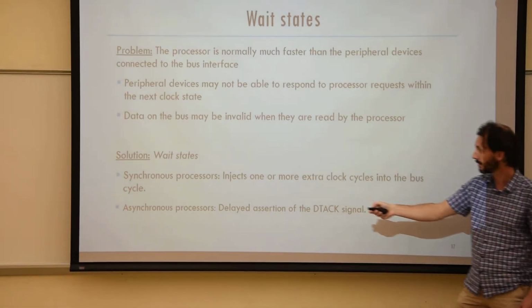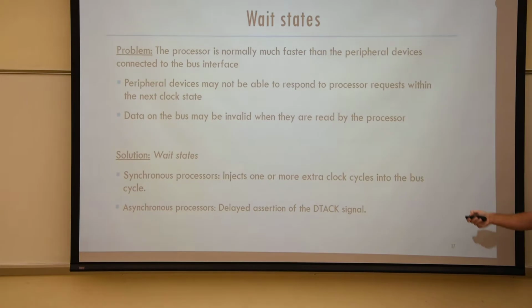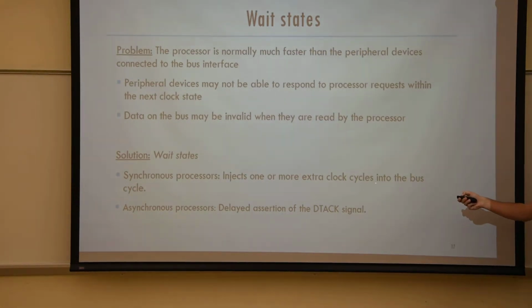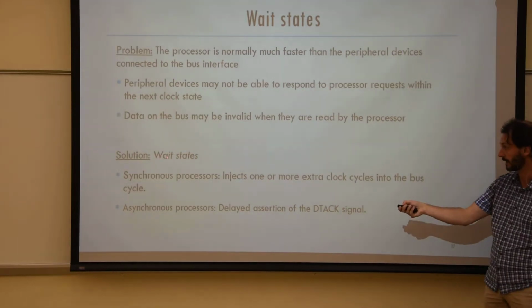For synchronous processors, that simply means you inject one or more extra clock cycles into the bus cycle in order to wait so that the peripheral is ready and has actually given the data to you. That peripheral may just be a little bit slower than your processor, and that's why you put in those wait states.